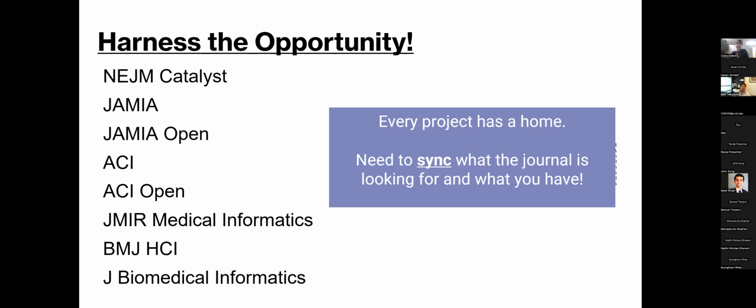So for these case study type things, it's about how we can get it in the hands of people that can use it. So I tend to lean towards the JAMIA Opens, the ACI Opens, the open access ones, because the work that frontline informaticists are doing is super important. How do we get that out there? That being said, they do count less if you're trying to get a professorship, but it depends on what your overall goals are.